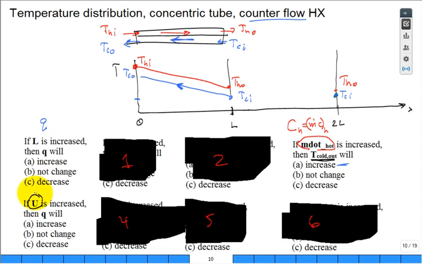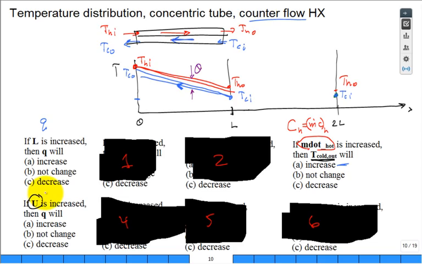And so it'll make the blue line shift up. It'll make the red line shift down such that they seem to have the same slope, but a smaller overall delta T, a smaller theta everywhere, a smaller temperature difference, because you don't need such a large temperature difference to push the heat across from one fluid to the other.